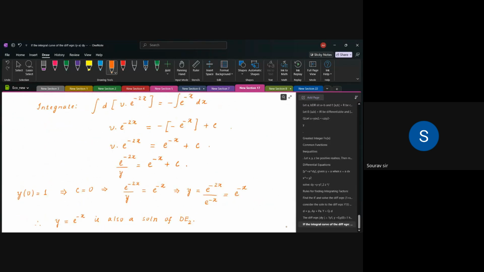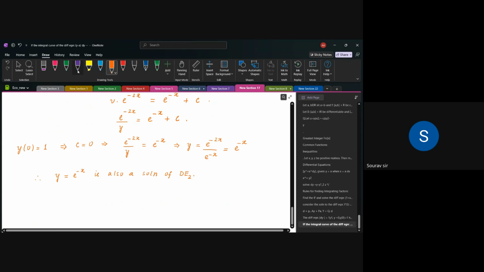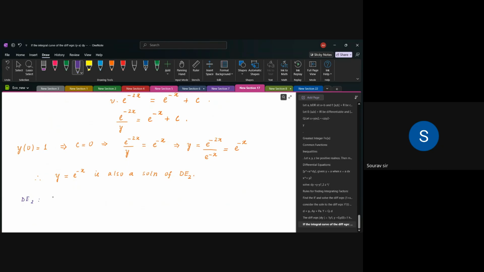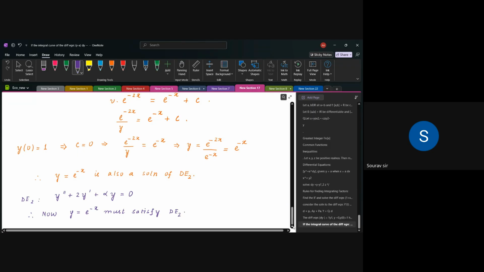So your D2 was y double dash plus 2y dash plus alpha y is equal to 0, right? Now y equal to e to the power minus x must satisfy D2.